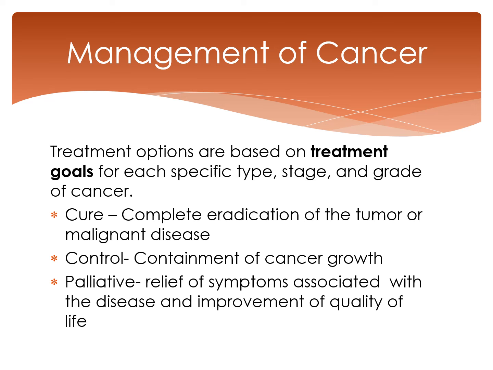Palliative is, as it sounds, relief of symptoms associated with the disease and improvement of quality of life. For example, cancer can block the bowel, and a palliative management intervention would be to have surgery so that the patient has a colostomy.